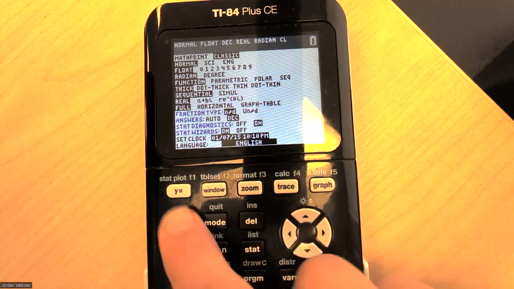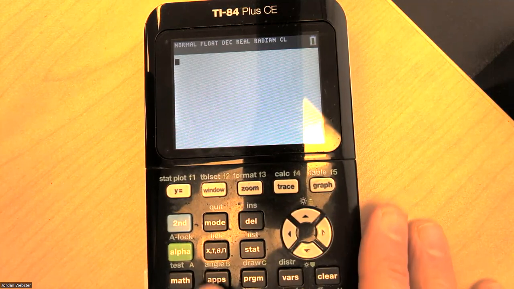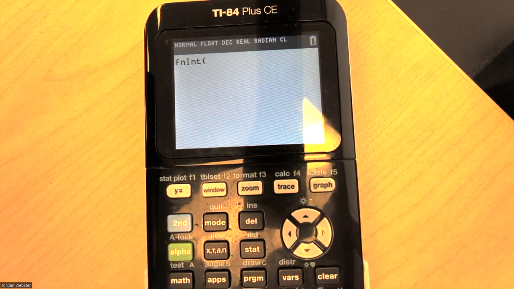If you do not have the math print enabled on your calculator, when you go to math 9, it's going to look a lot different. It's not going to look like a standard integration. It looks like FNINT. And there's a specific order you have to plug in the things we just plugged in.